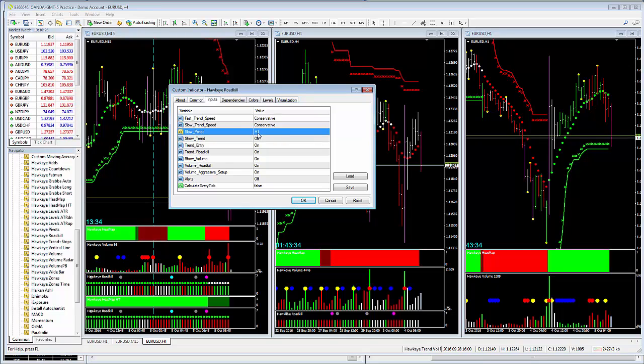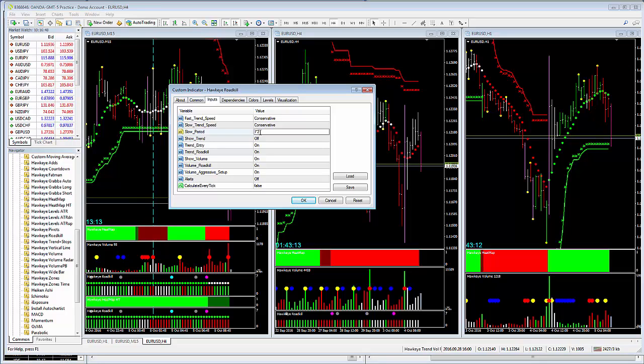So an H4, you could also look at a capital I, use Shift 8, which is a times, and then the number 2. That's going to take the base time frame, which is a 4-hour, and multiply it times 2. That will give you an 8-hour chart.